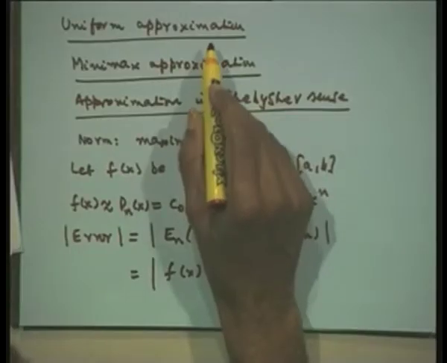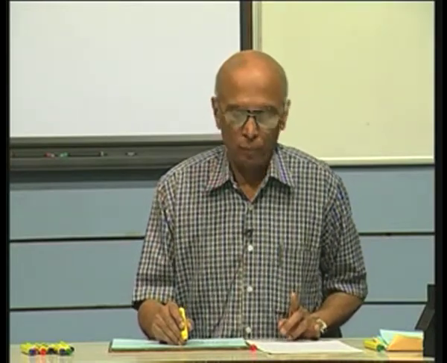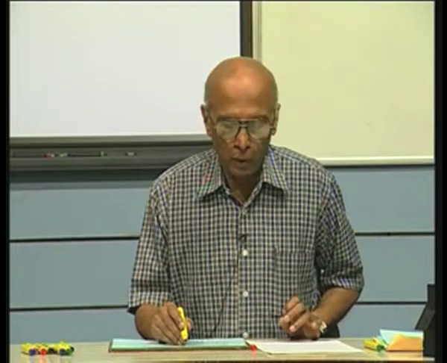In uniform approximation, we shall require that the maximum of the error, we are talking of all local maxima, which may occur at a number of points in the interval a b, and the minimum of the error, again we are talking of the local minima, which may also occur at a number of points in the interval a b, must be equal in magnitude.